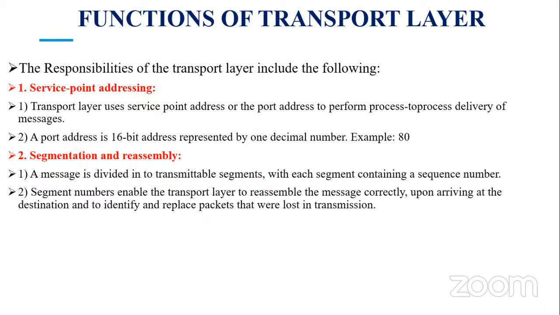Based on the sequence number, the transport layer gathers them and reassembles them to form a correct message upon arriving at the destination, and to identify and replace packets that were lost in transmission.